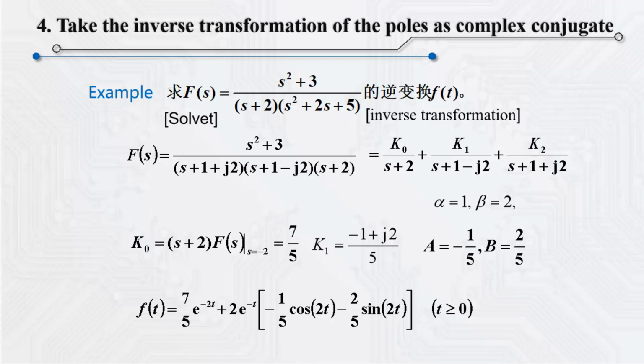Put a equals 1 over 5, b equals 2 over 5, alpha equals 1, beta equals 2 into the formula. We will get f(t): 2 times e to the power of negative t, times (1/5 cosine 2t, subtract 2/5 sine 2t). This result is the inverse transformation of conjugate complex poles.